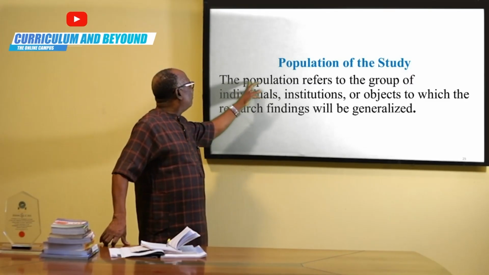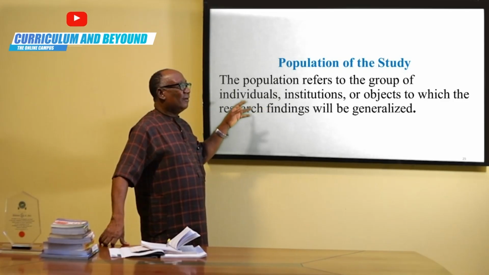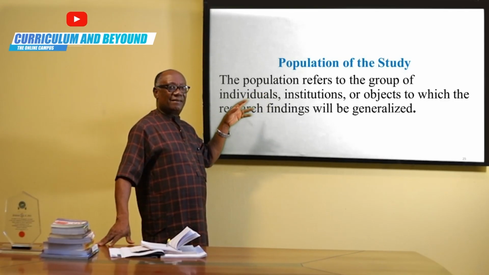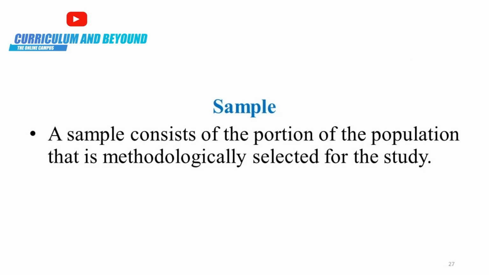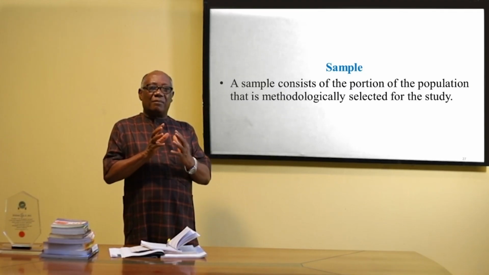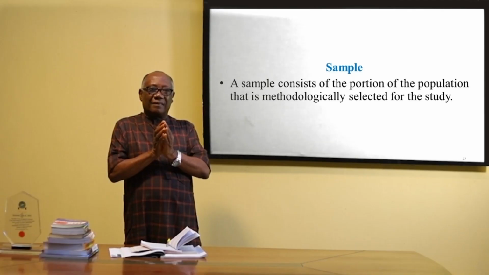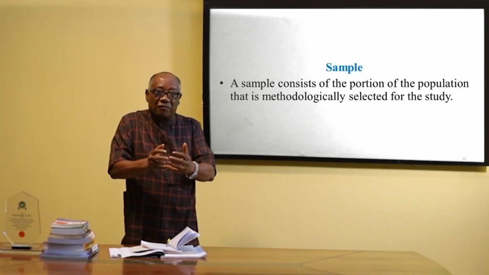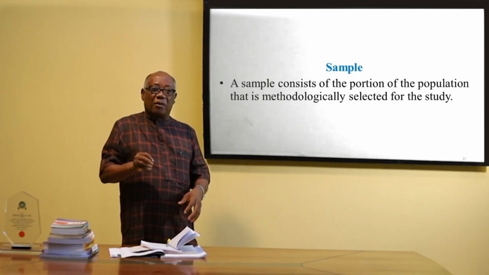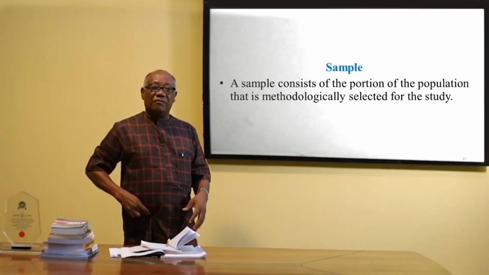Now, the third element of chapter 3 is your sample. The sample in a research comprises the number of persons that you methodically draw from the population for the purpose of your investigation.